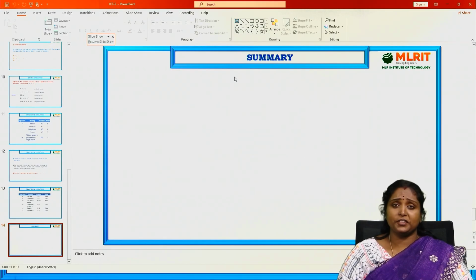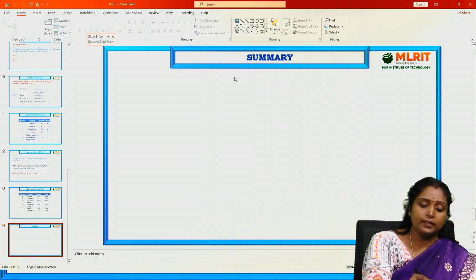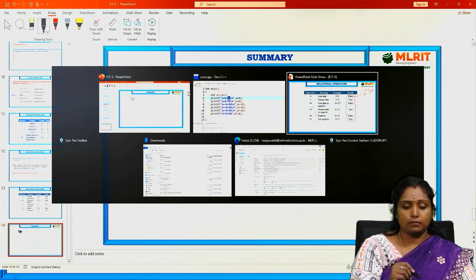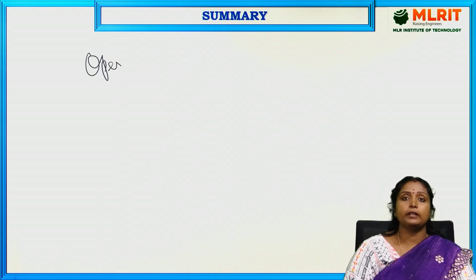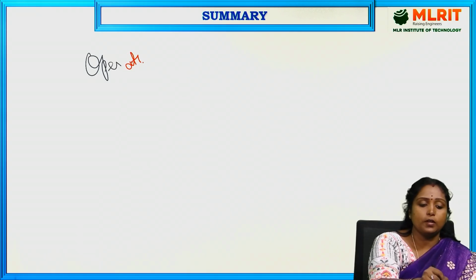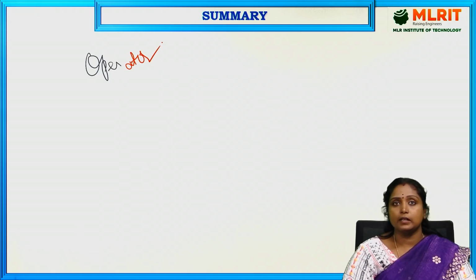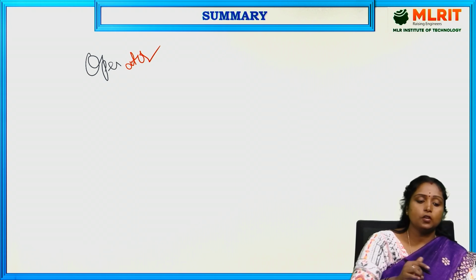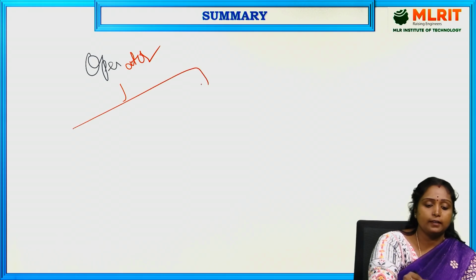Coming to the summary of this session, we have seen what an operator is. An operator is used to perform some operations on operands. How many types of operators are there?